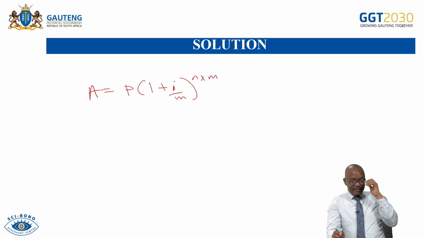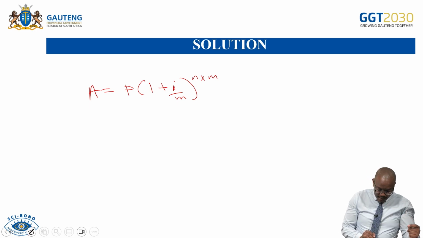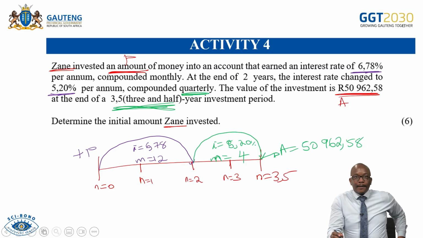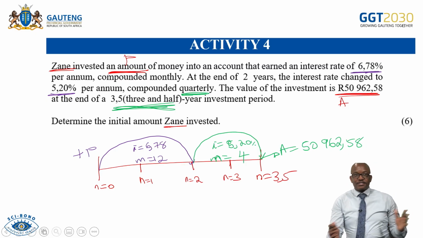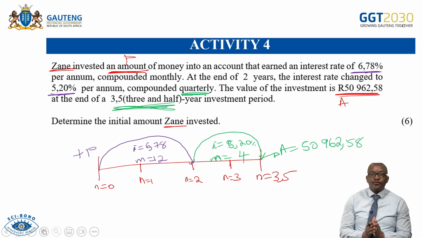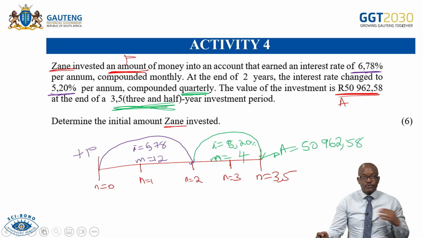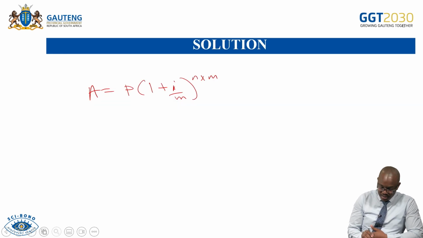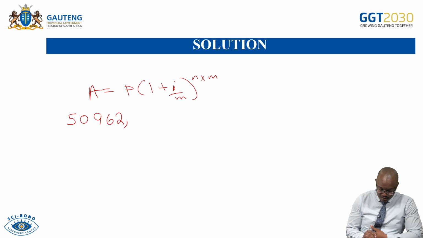So in this one, I will show you another method of how you can calculate this as one, without even breaking it into so many years. So now, remember we have an accumulated amount, which is 50,962.58.